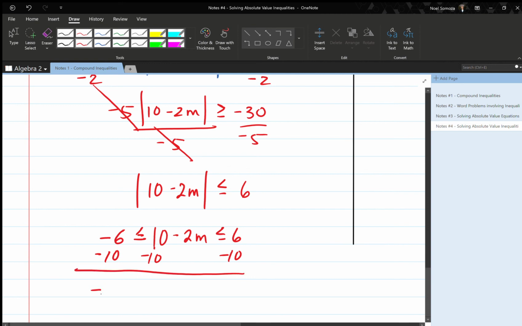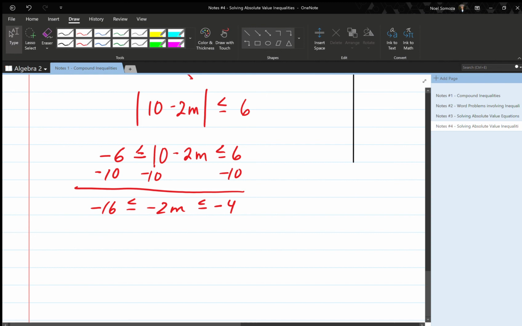That'll give us -16 less than or equal to -2m less than or equal to -4. Look at all the switching that's happening on this problem. You're going to divide by -2. So when I divide by -2, what happens to my inequalities one more time? They flip. So we end up with m.